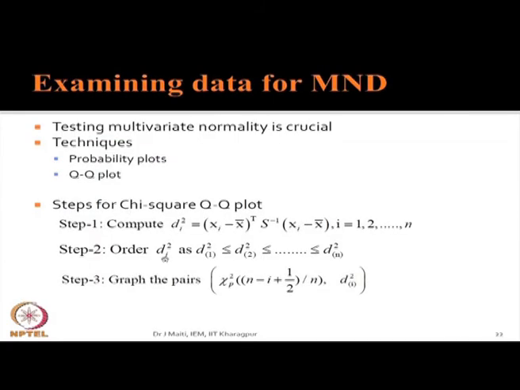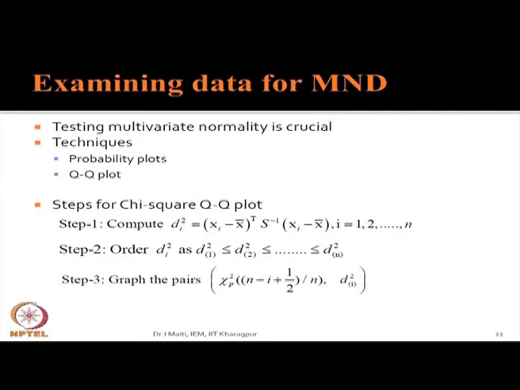The second step is to order, because you want to find the quantile values. So, you order in ascending order. The third step is to find the chi-square quantile value. What is this? Chi-square p, at n minus i plus half. This is the chi-square quantile value.